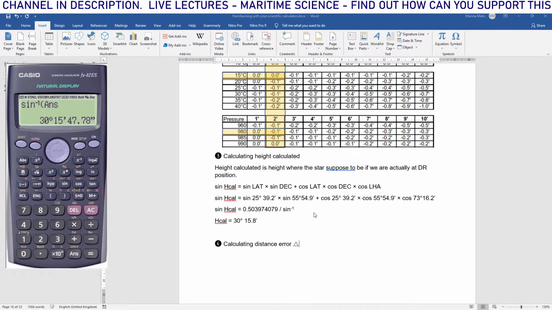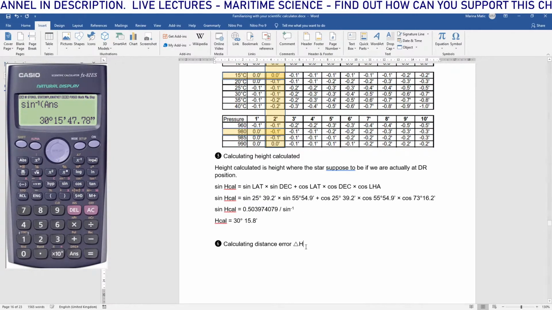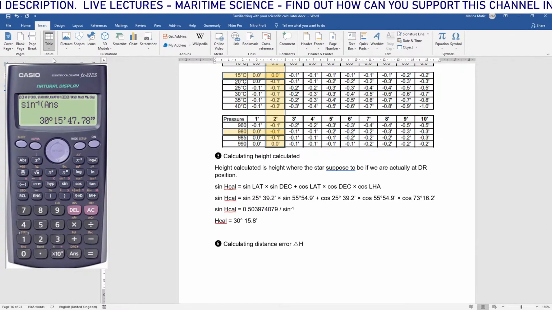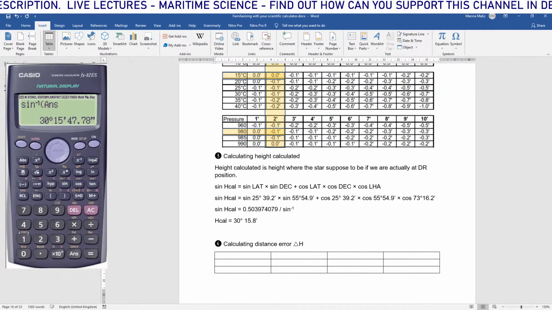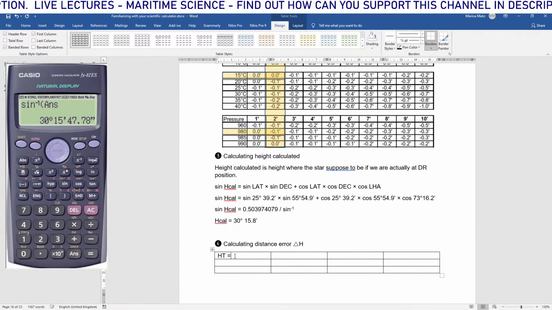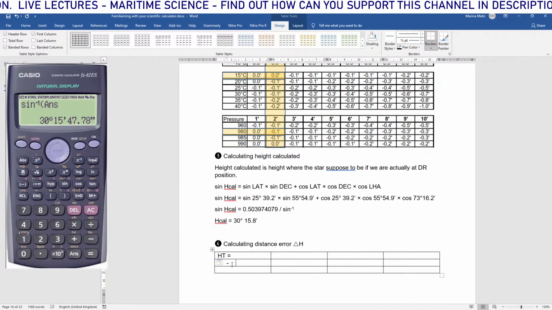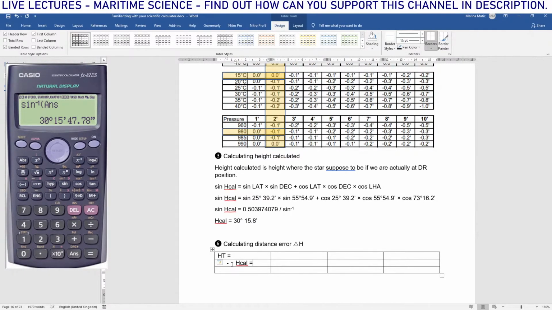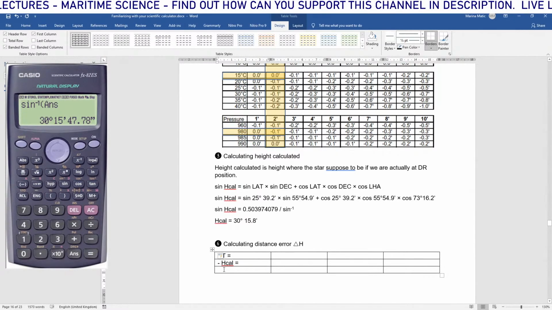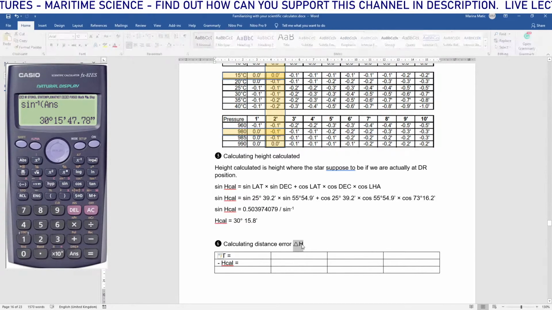Yes, delta. Insert delta H. So the distance error is table 4. I don't need more than 4. It is height true minus height calculated, and that is delta H.